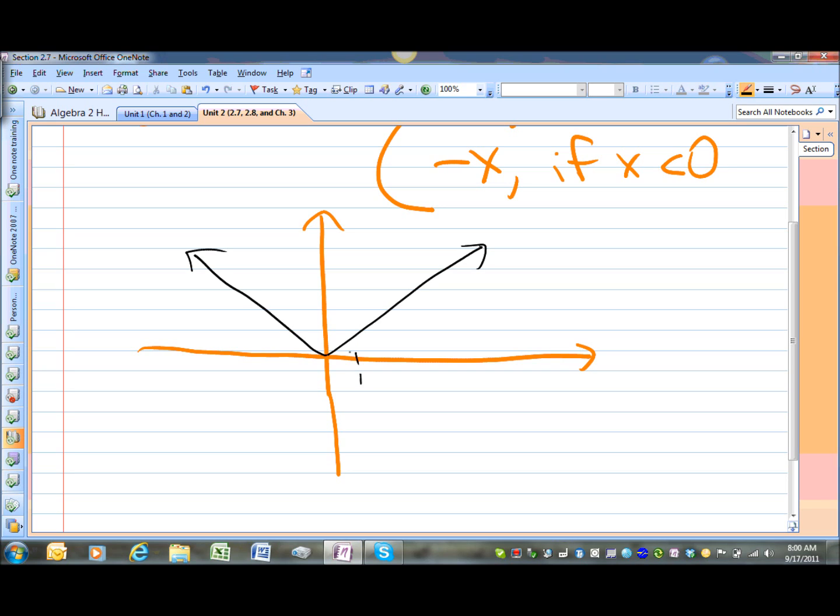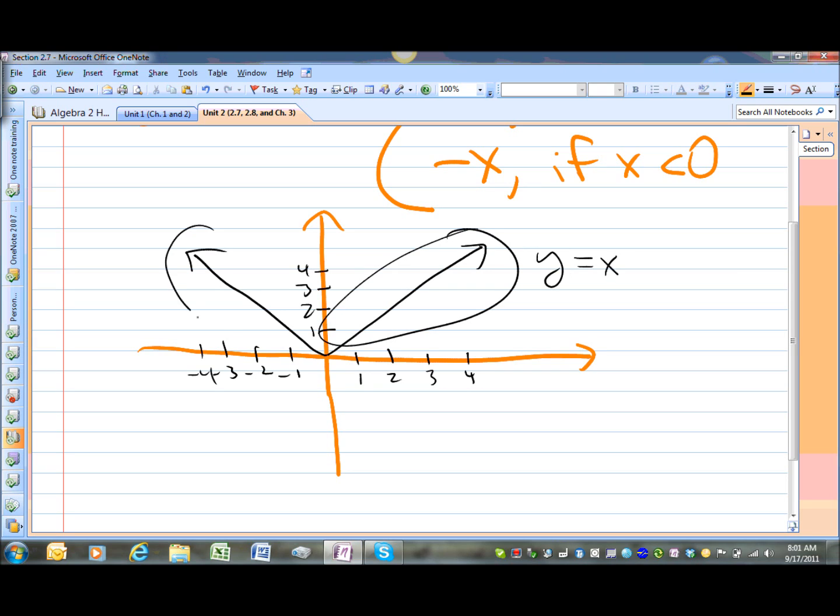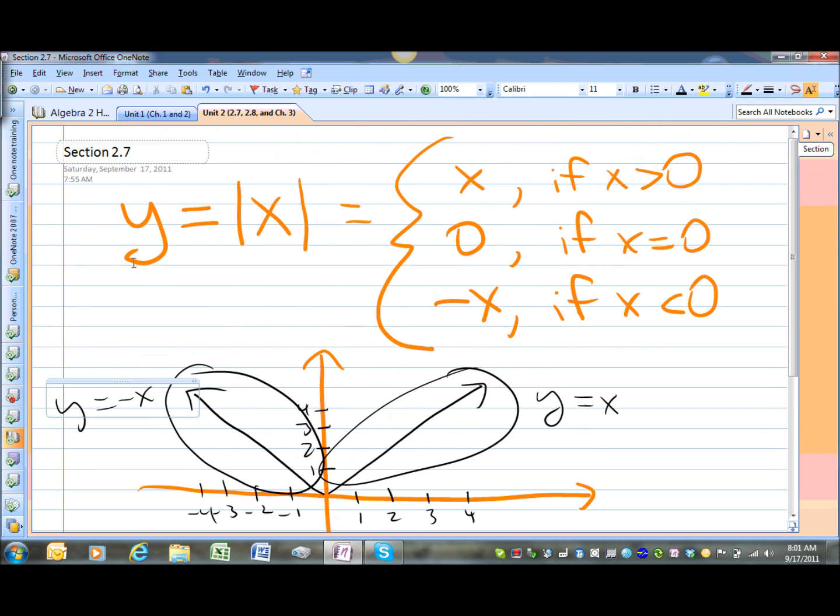Where if that's 1, 2, 3, 4, and that goes to negative 1, negative 2, negative 3, negative 4. This side was like y equals x. This side is like y equals negative x. And that explains these conditions.